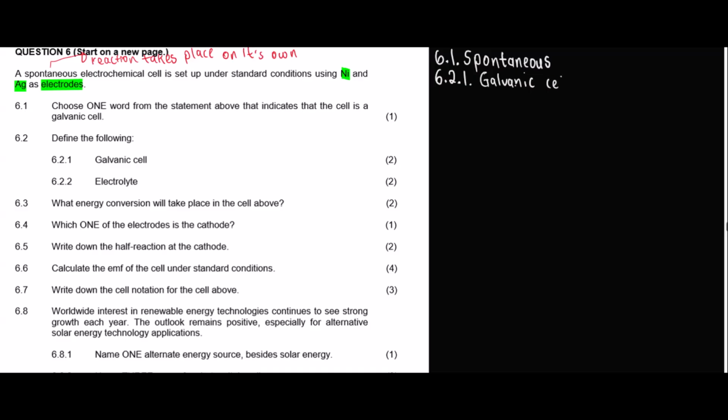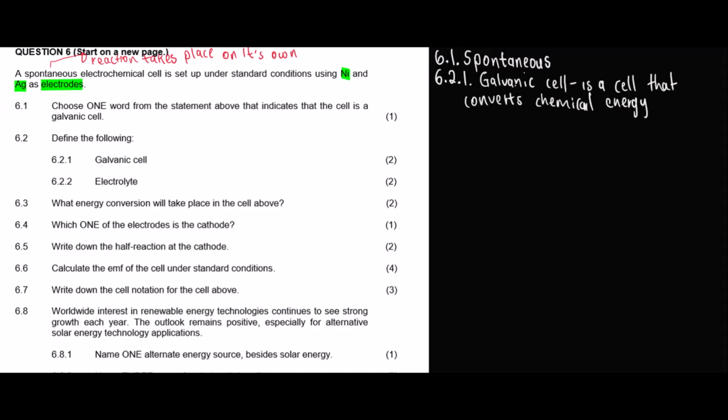If someone asks you, you'll say that it's a cell that converts chemical energy to electrical energy.